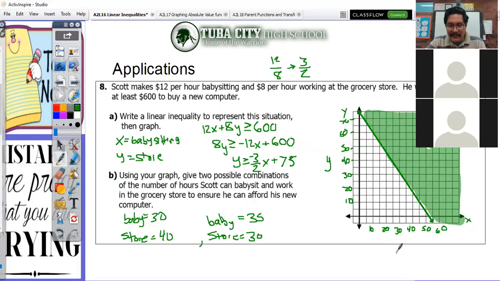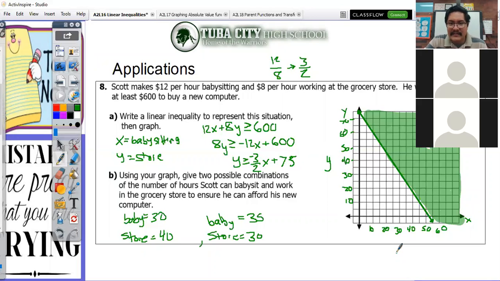Okay, this problem really hits close to home, but I'm gonna just check it really quick to make sure that using his babysitting and store, he would still be able to afford this. So 35 times 12 would be 420. Store is $8 and 30 hours.